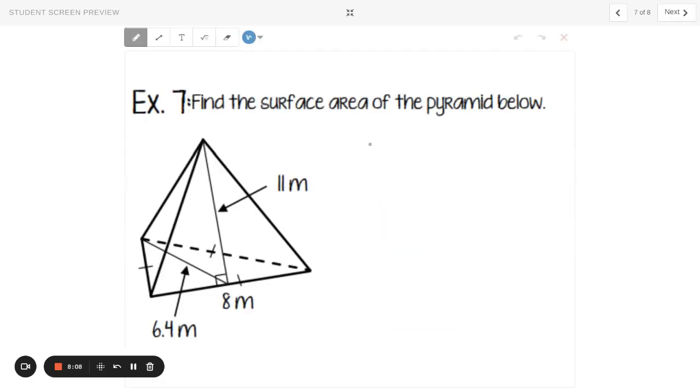All right, last shape you're going to learn about. This is called a triangular pyramid, meaning the base is a triangle.